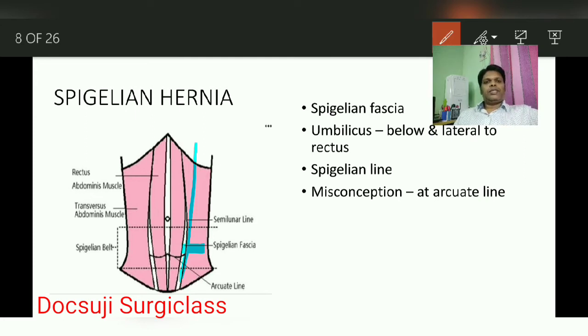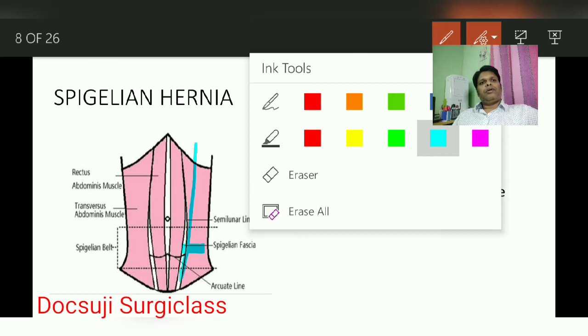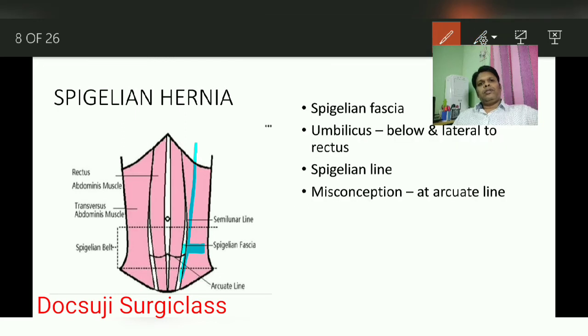So this fascia is called the Spigelian fascia, and the lateral border line is called the semilunar line or Spigelian line. Any defect in this fascia or line gives herniation, which is called Spigelian hernia. The commonest location of the herniation is below the umbilicus and lateral to the rectus muscle. So this is the location.